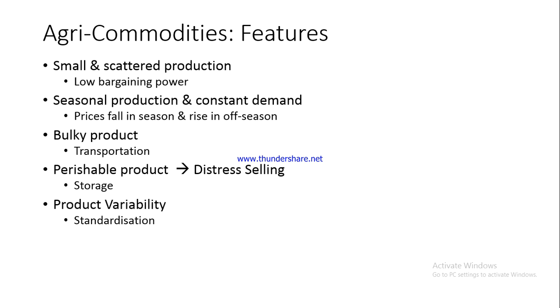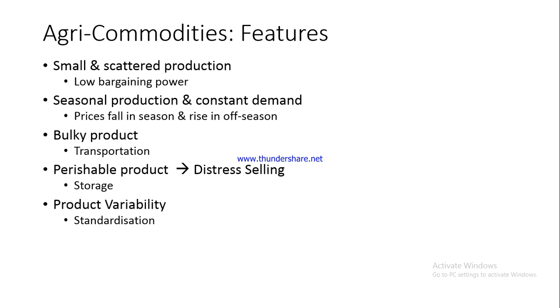The standards can be set according to the moisture content in the apple, or according to the acidity level in the apple, or the pH factor, which determines the level of acidity or the alkalinity. So depending on the pH factor, we can set up different standards. The best quality should have this kind of pH, the second best quality should have this kind of pH, and the third best quality should have this kind of pH.